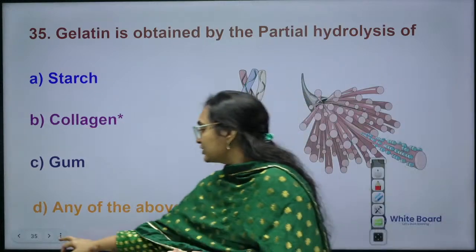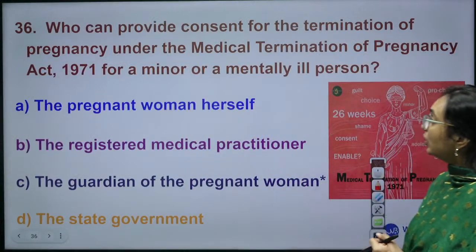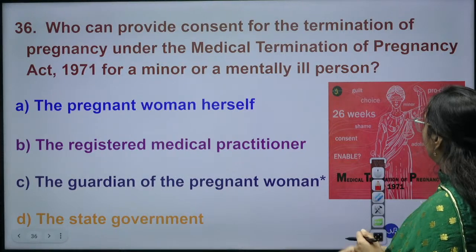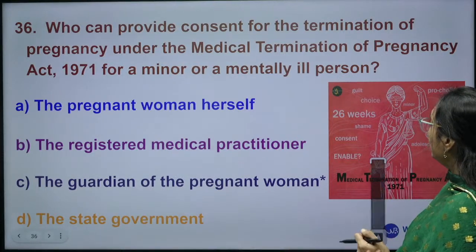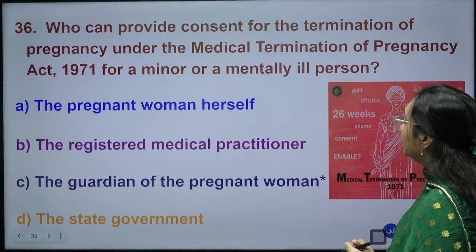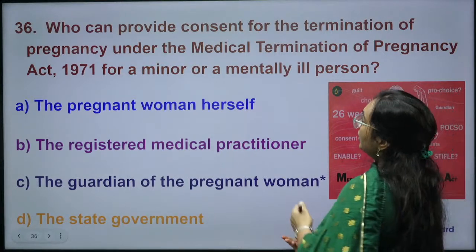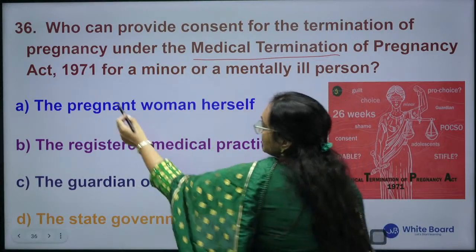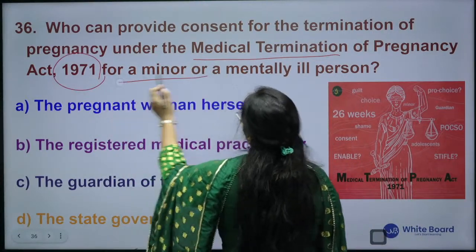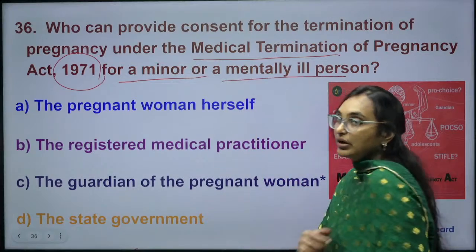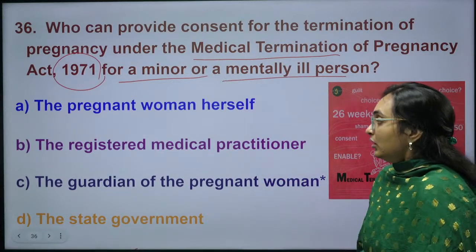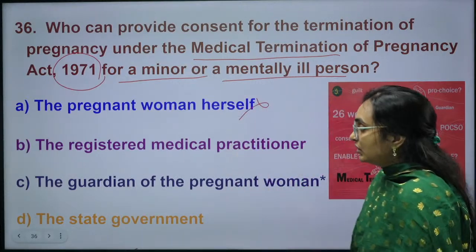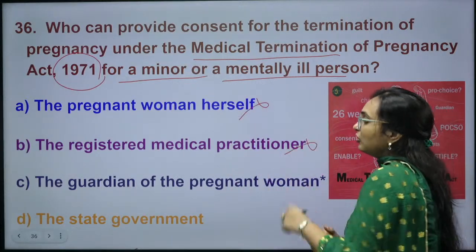Next question. Who can provide consent for the termination of pregnancy under the Medical Termination of Pregnancy Act 1971 for a minor or a mentally ill person? The pregnant woman herself cannot decide, and the registered medical practitioner cannot decide.